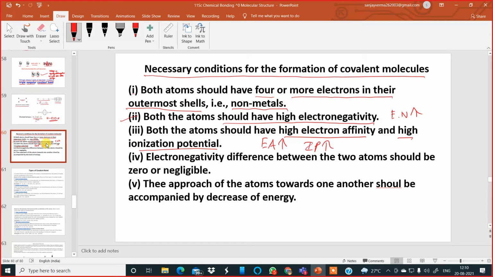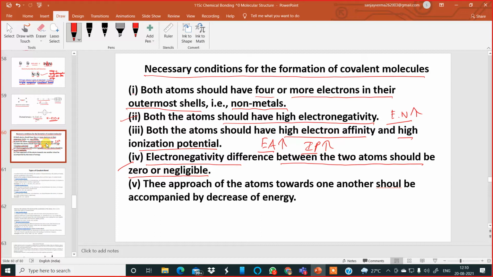So electronegativity, electron affinity, and ionization potential values should be high for the formation of covalent compounds. The next point is that the electronegativity difference between the two atoms should be zero or negligible, very much less. Then only they can share electrons mutually.